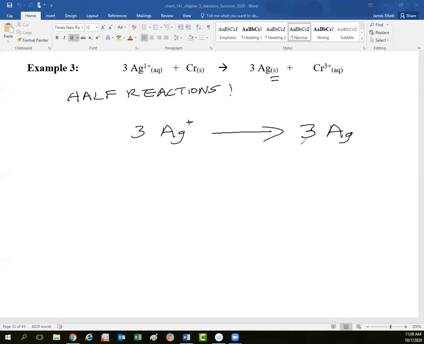So let's track where those electrons are coming from and going to. Oh, we've got another volunteer. Haley's trying to get in. And so as we look at this one, of course, we can track the subatomic particles using the periodic table.